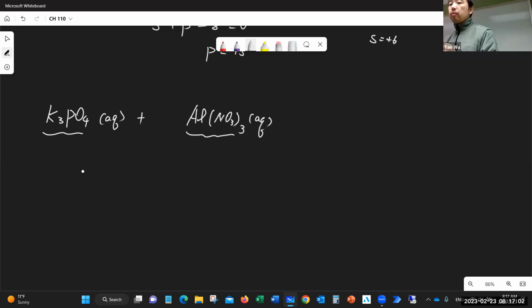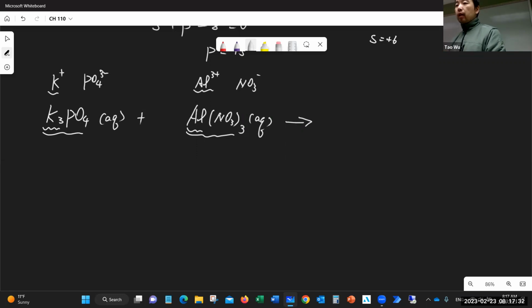Must be double displacement reactions, which means the cations will switch with each other. But once you make the new formula, you need to make sure what the correct formula will be. Here we have potassium, we have phosphate, and we have an aluminum ion and a nitrate ion. So now we have 4 ions, and the 2 cations will switch positions.